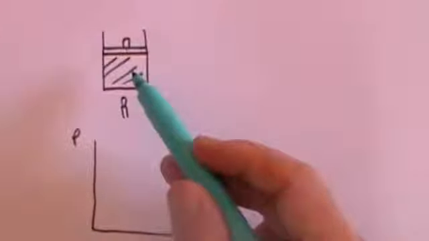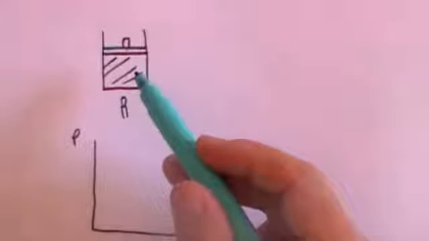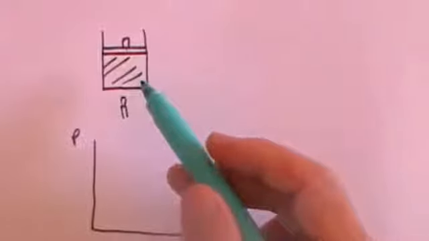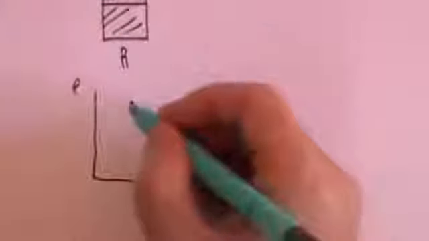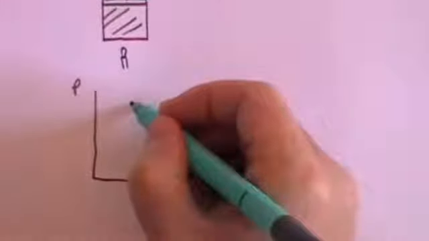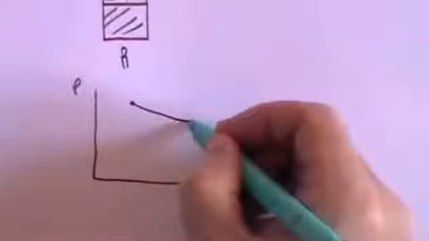So here's the graph. It's a PV graph. This is pressure, this is volume. And what we're going to do is to simply take this gas, and we're either going to expand the gas or contract the gas isothermally or adiabatically. So let's start off with a pressure and a volume here. And what we're going to do is to move the gas isothermally to a new pressure and a new volume.